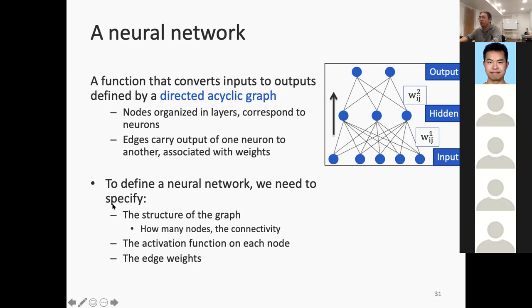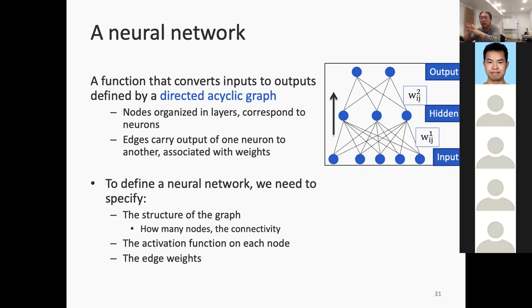In general, if you want to define a neural network, we need to specify three things. First, what is the structure of the graph, the network? How many nodes and how many layers do you want to use, how many nodes are used to construct each layer, and how those nodes are connected. The second thing you need to specify is the type of activation function you want to assign, like the sign function, sigmoid, tanh, or ReLU.